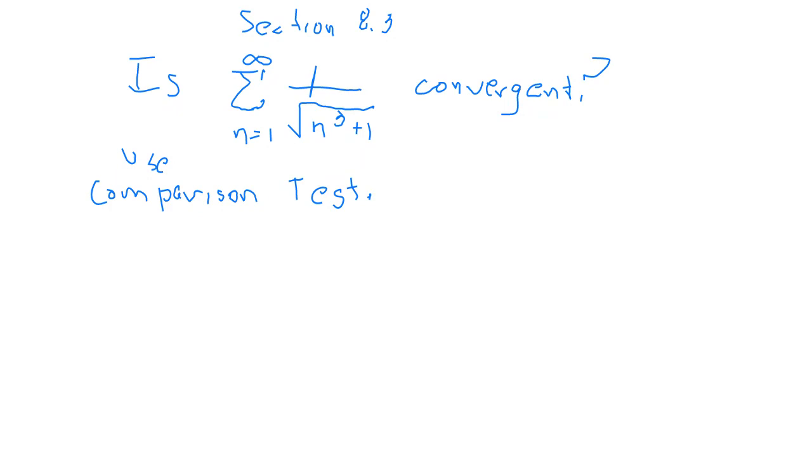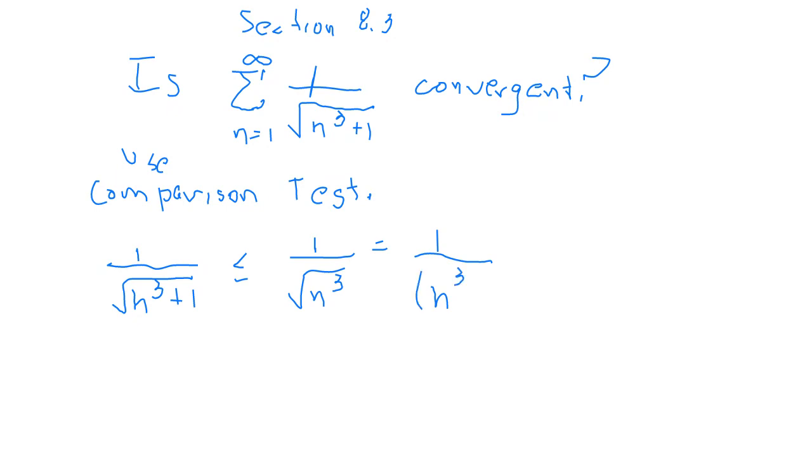But this series will work, because 1 over the square root of n cubed plus 1 is less than or equal to 1 over the square root of n cubed, which is equal to 1 over n cubed to the half power, which is 1 over n to the 3 halves.